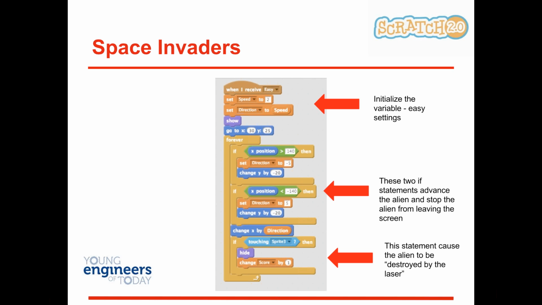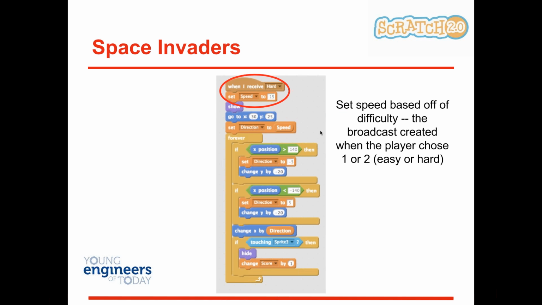All right. Okay. Now we have our game. This is going to get our easy code moving. Our sprite will start moving across the screen, which is some good stuff there. Now I want you to check the hard code.